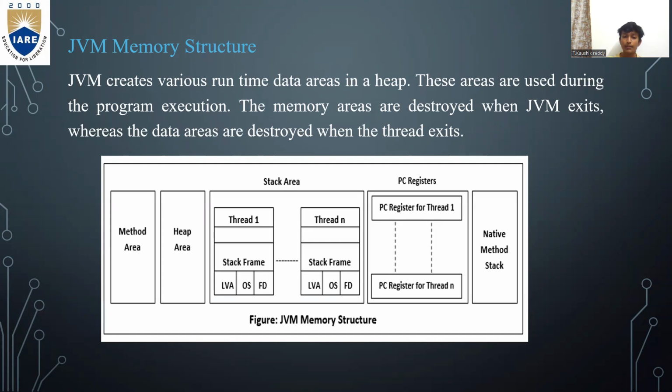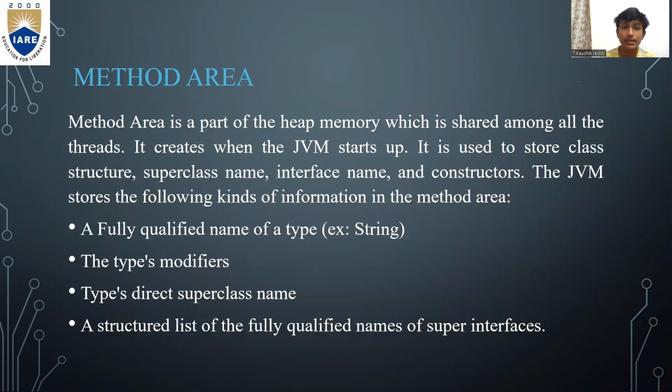So this is the basic structure which is shown on the slide, the JVM memory structure, which has method area, heap area, stack area, and the PC registers. Thread 1, thread n, stack frame, local variable array, and the PC registers for thread 1 to PC register for thread n. Native method stack.